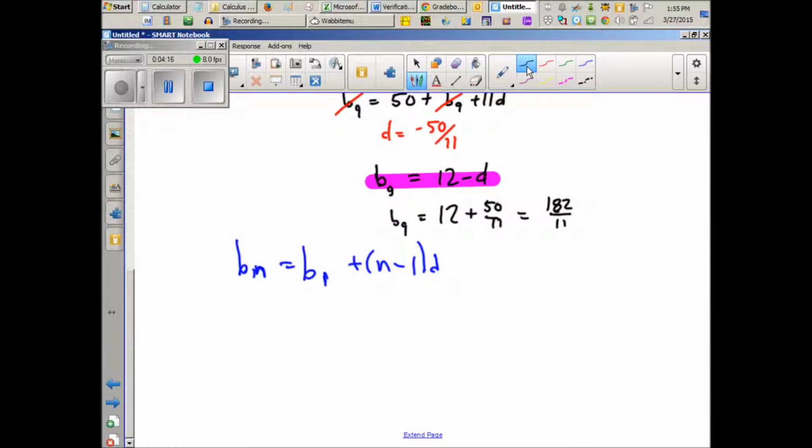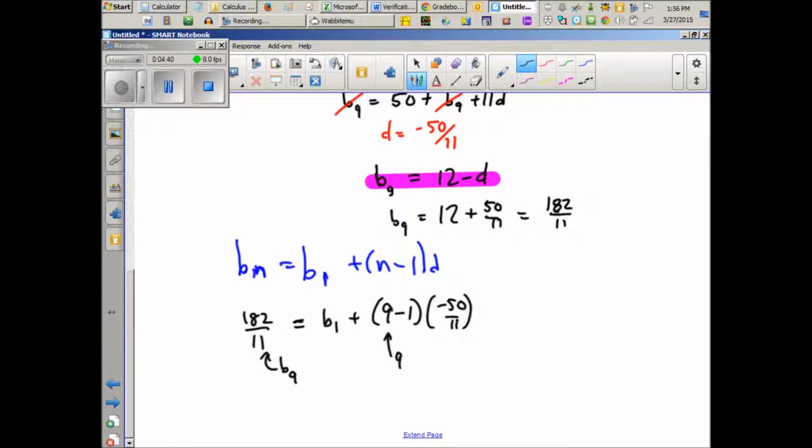We know B9 is 182 over 11, and the ninth term is B1 plus 9 minus 1 common differences.